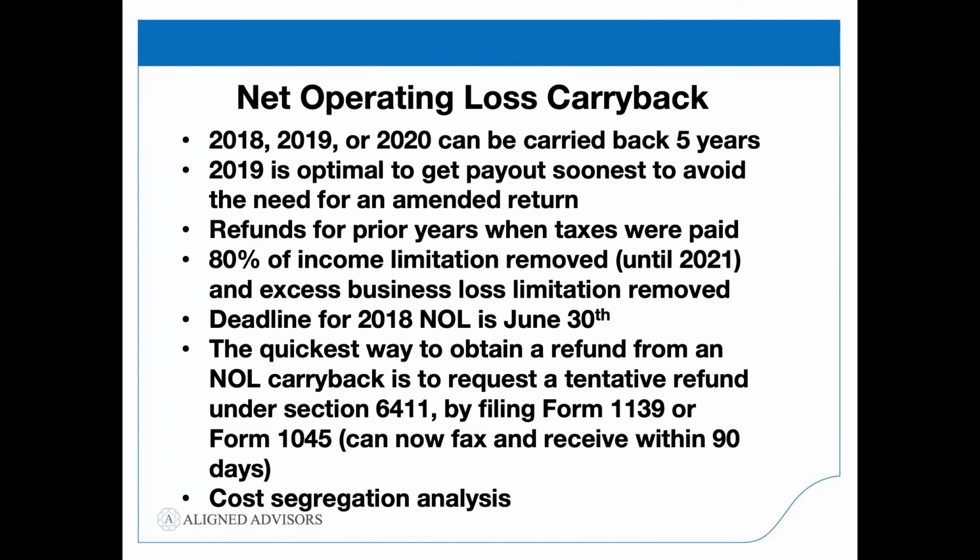But that 80% limitation was taken away temporarily until 2021 in order to allow you to take as much loss as possible. So between that and between the bonus depreciation, there's really no limit on how much loss you can take by doing a cost segregation or by any other kind of loss that you can show.